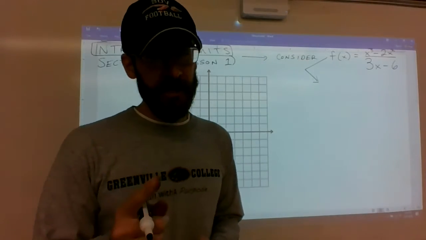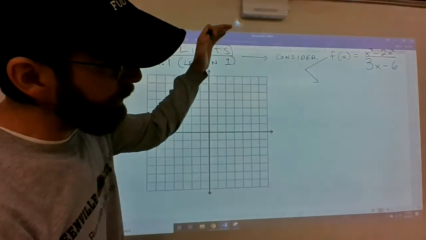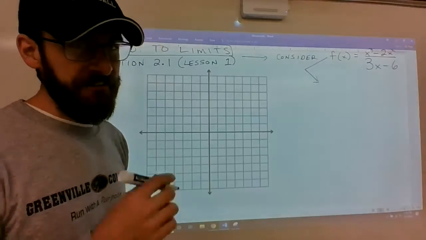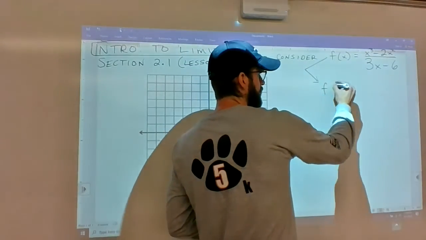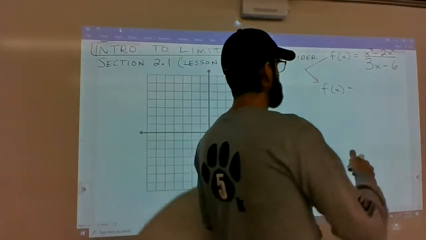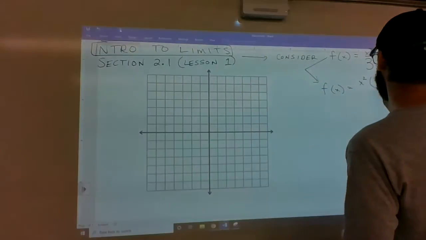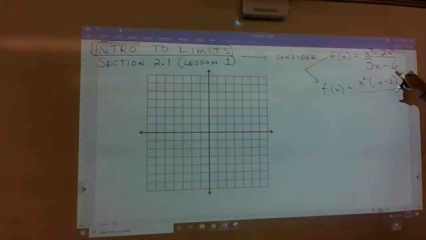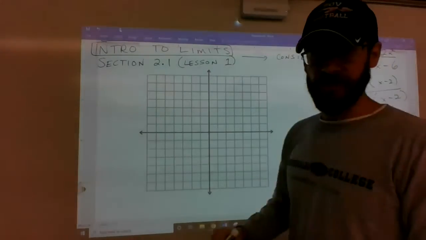There were situations where if you manipulated both the top and the bottom, or one or the other, sometimes factoring will help deal with the domain issues. So on top, you can take out an x squared. You're left with x minus 2. On the bottom, you can take out a 3. That's 3 times x minus 2.